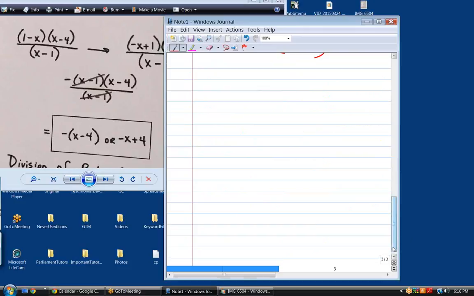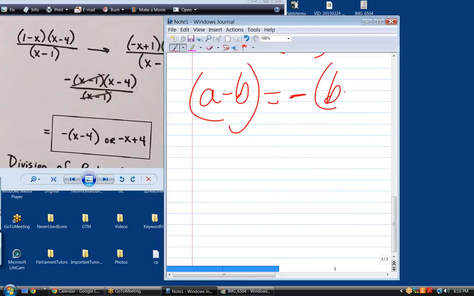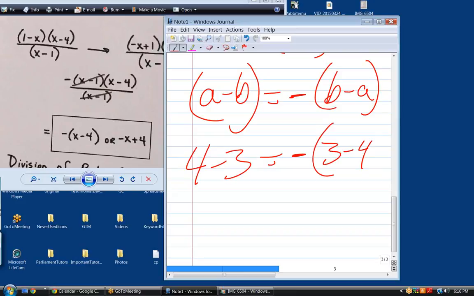In other words, you know always that a minus b, no matter what a and b are equal to, is the negative of b minus a. Well, you don't believe it? 4 minus 3 is equal to the negative of 3 minus 4. Well, that's negative 1. Negative times negative 1 is positive 1. Right.